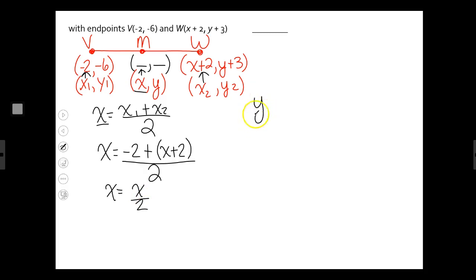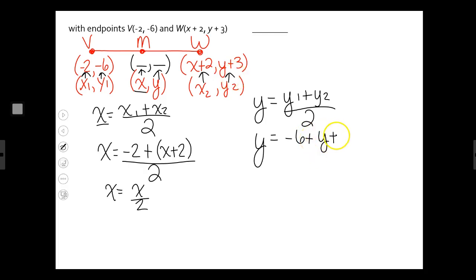So now let's find our y. y equals y1 plus y2 over 2. I substitute. I don't know y, so that is going to stay y. y1 is negative 6. y2 is y plus 3. I combine like terms.